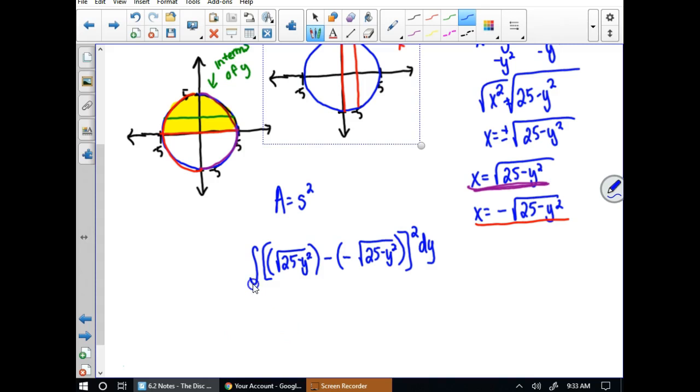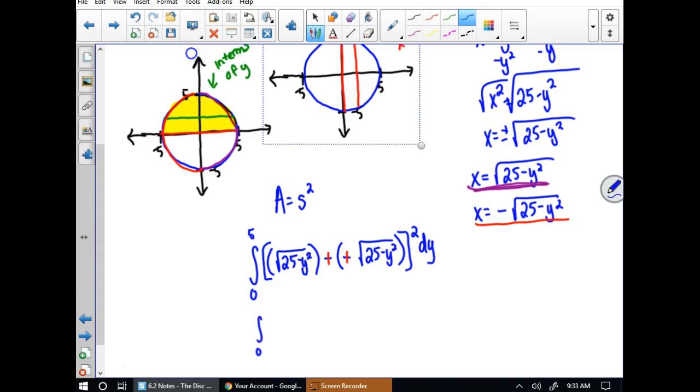What should our interval be here? From 0 to 5, because our interval has to come from the y-axis because we're integrating with respect to the y-axis. So 0 to 5 there. And so whenever we do this, this double negative here becomes a positive.